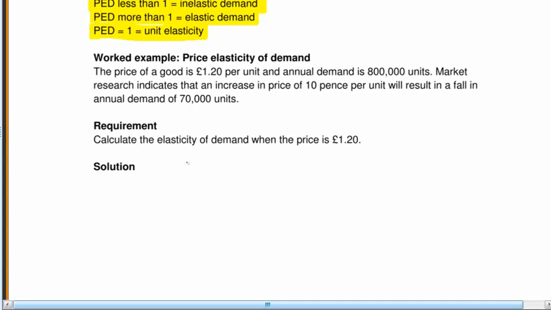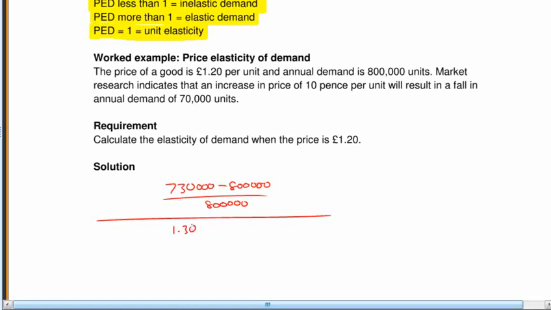So new quantity would be 730,000 units minus the original quantity divided by the original quantity, all divided by the same formula with price. So new price, £1.30, minus original price divided by original price.